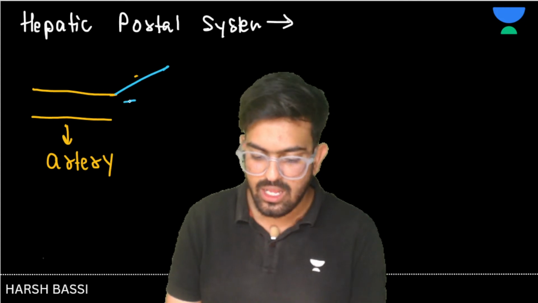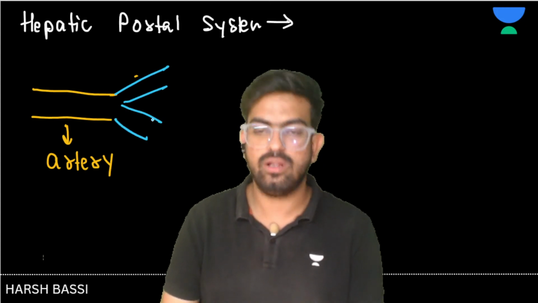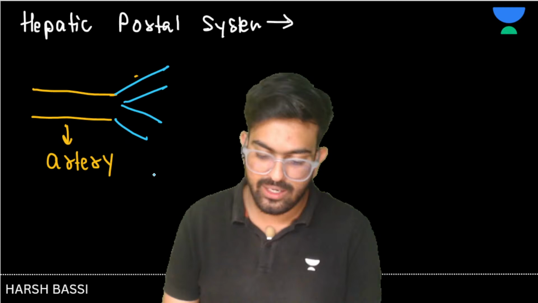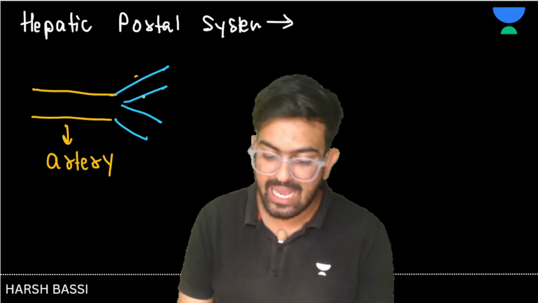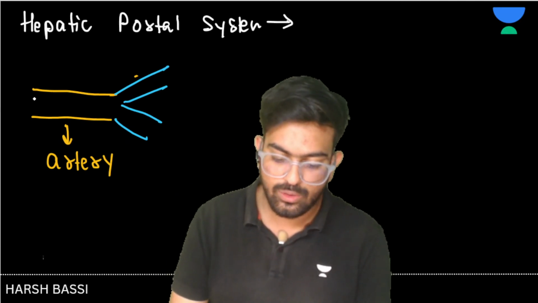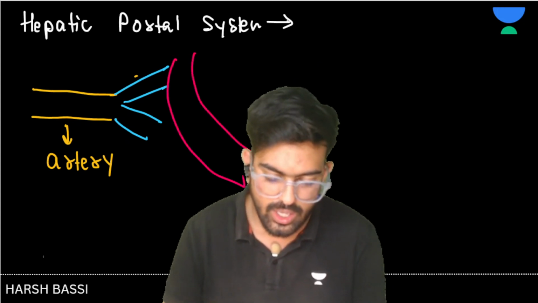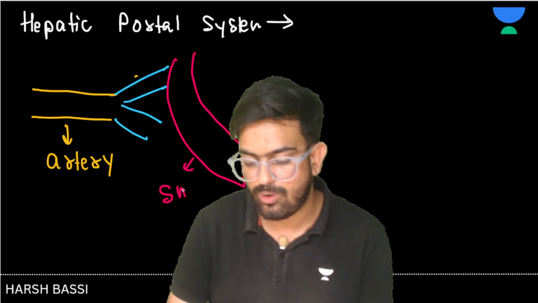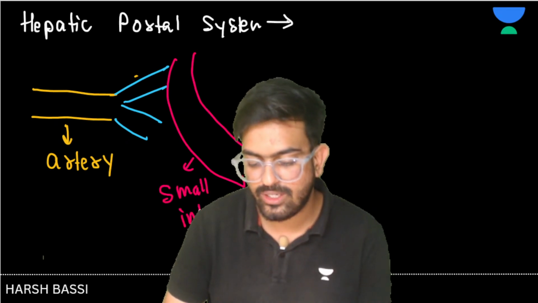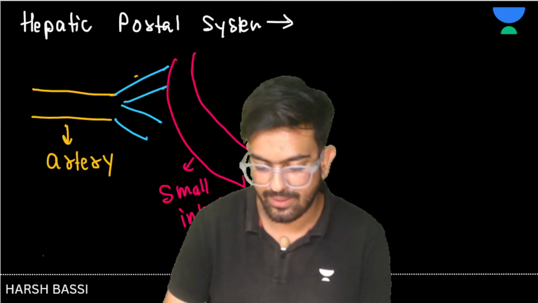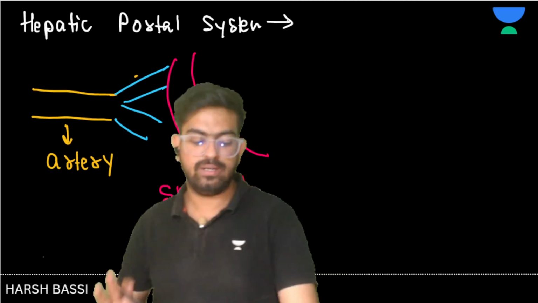The artery will make capillaries and cross towards the small intestine, supplying blood to it.